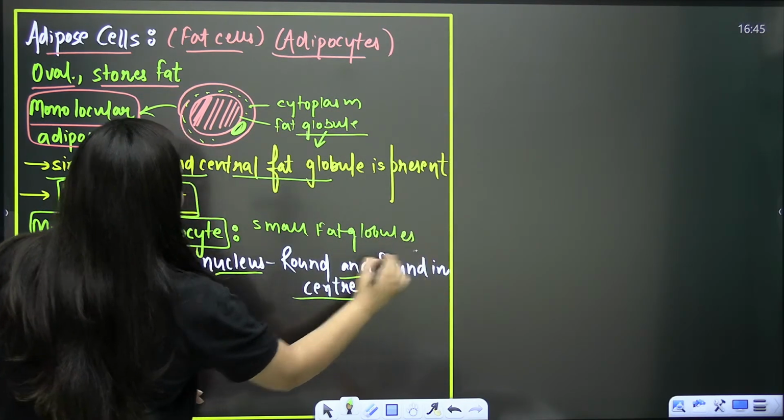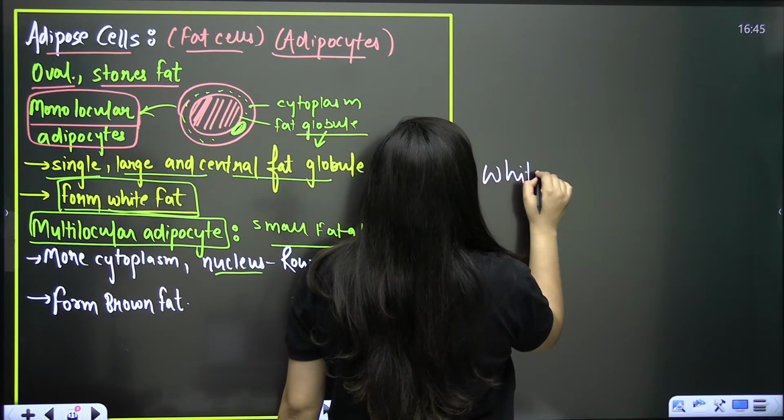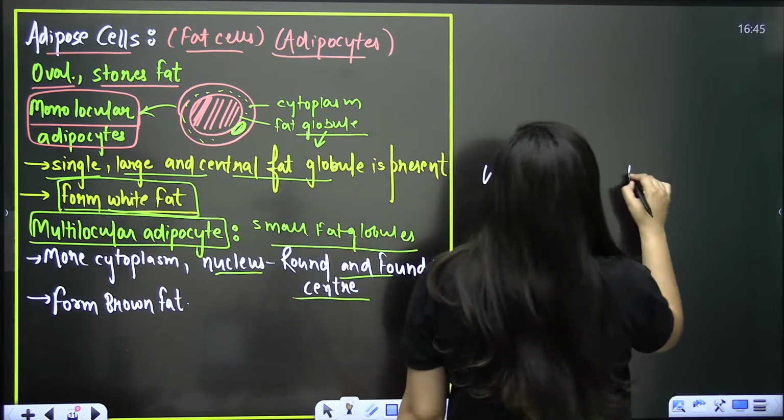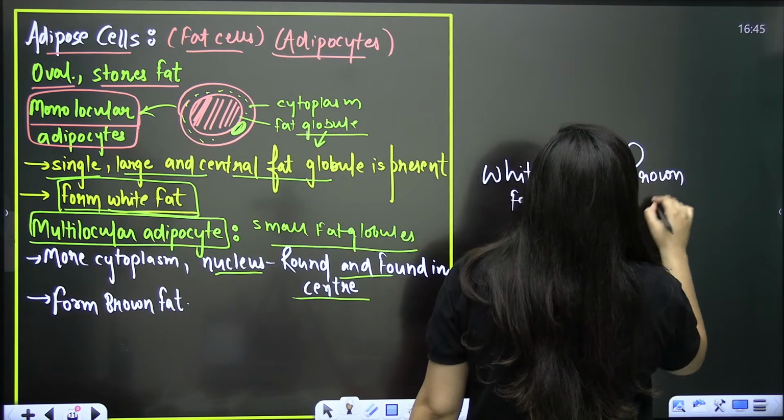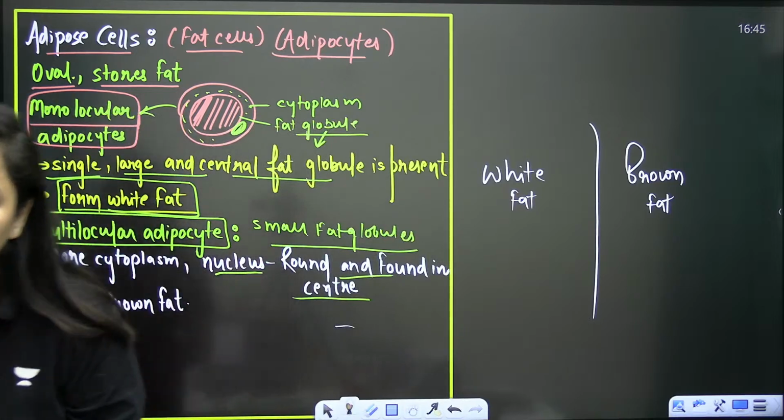Done. So in adipose tissue, you have two things. One is the white fat and another is the brown fat. Bache, do you know the difference in these two? What is the brown fat and what is the white fat? Anyone?